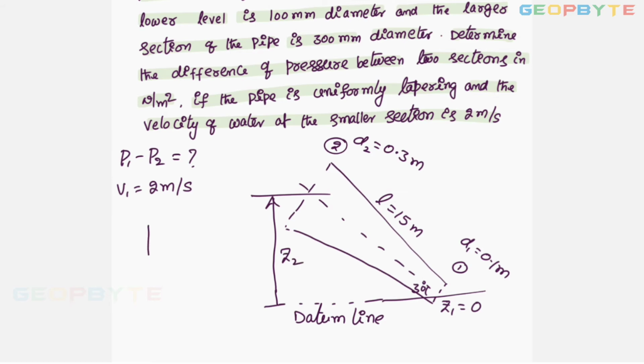You know, this is the Z2, this is the length, let this be the angle theta. Tan theta? No, not tan theta. Opposite side is known, hypotenuse is known, better to take the sin theta.